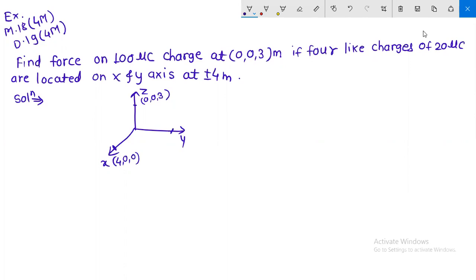So what are the coordinates on y axis? 0, 4, 0, because here x is 0 and z is also 0. Okay, then what about the remaining 2 charges? Where will these be located?